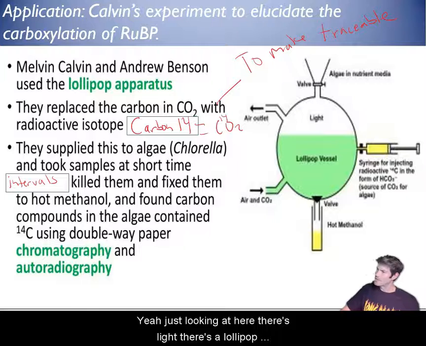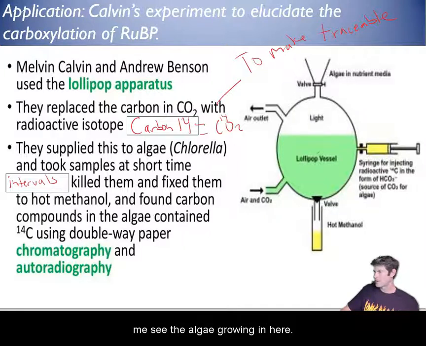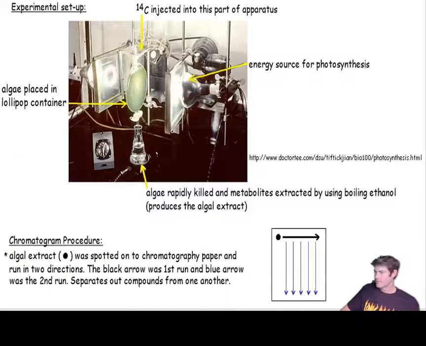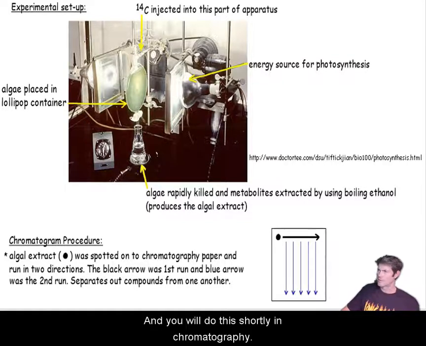But looking at here, there's light, there's the lollipop, you see the algae growing in here, removing them, putting them into hot methanol, and then they end up putting them on paper. And you will do this shortly, some chromatography. It's pretty fun, I think.